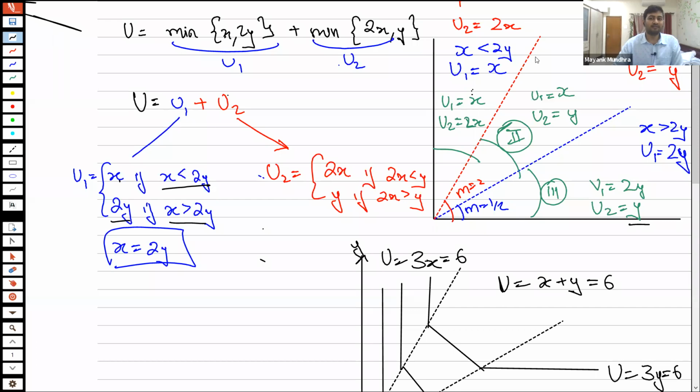So in effect, you have three regions now: the region to the left of the red line, between the red and blue lines, and to the right of the blue line. So accordingly, we just add the different u1, u2 functions to get the summation values. So here you have functions u1, u2, which look like this. In here you have like this, and in here you have like this. This should be u1.